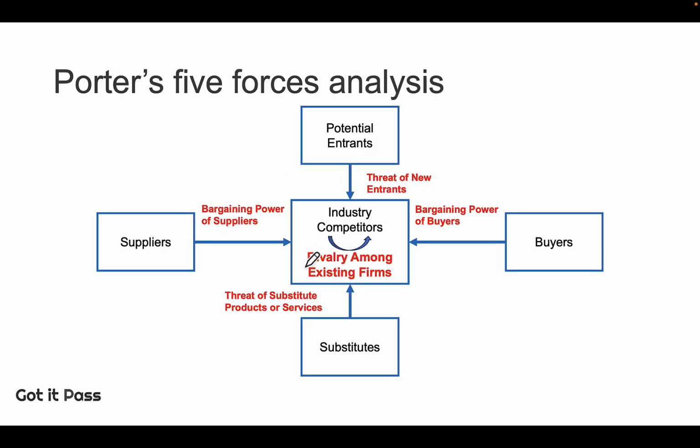So here, like rivalry among existing firms, and threat of new entrants, bargaining power of buyers, bargaining power of suppliers, and also the threat of substitute products or services. So here is the relationship chart showing Porter's 5 forces among all these 5 forces.